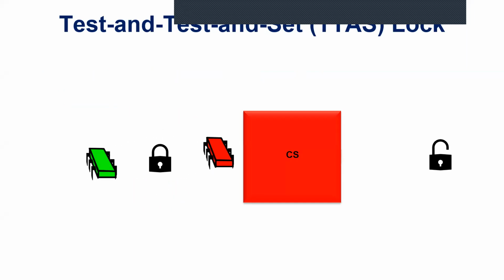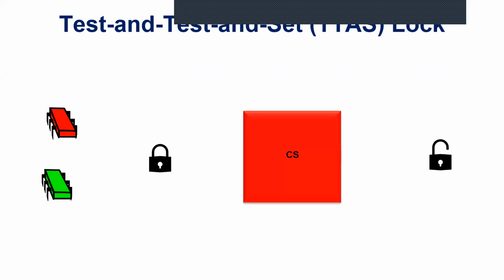To avoid that problem, in TTAS lock, threads first read the lock state and keep on spinning on the local copy of that lock variable status, right? Previously, every thread would keep on spinning on the lock variable.